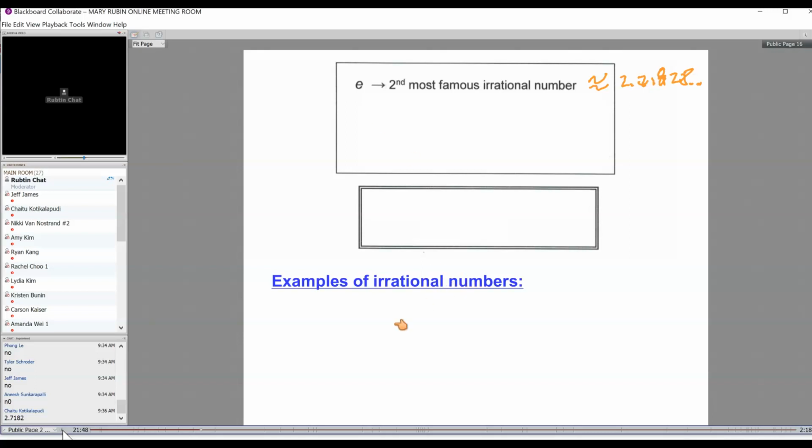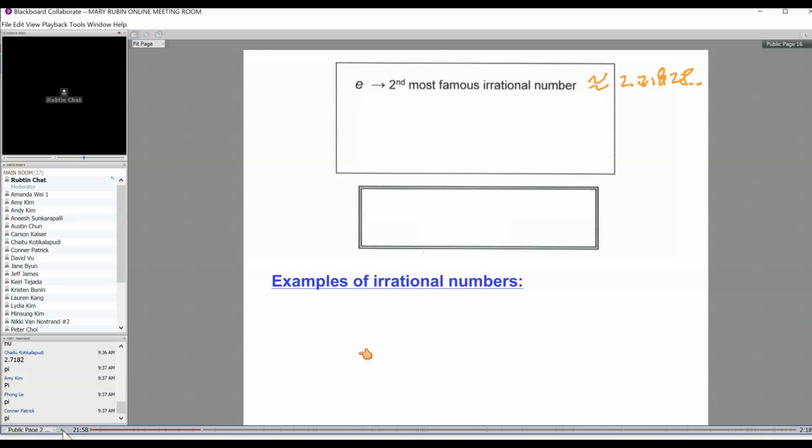What other kinds of irrational numbers do you know? Okay, good, pi. Pi is one of them. Beautiful. So pi, square roots of weird numbers like 2, cube roots like the cube root of 5.